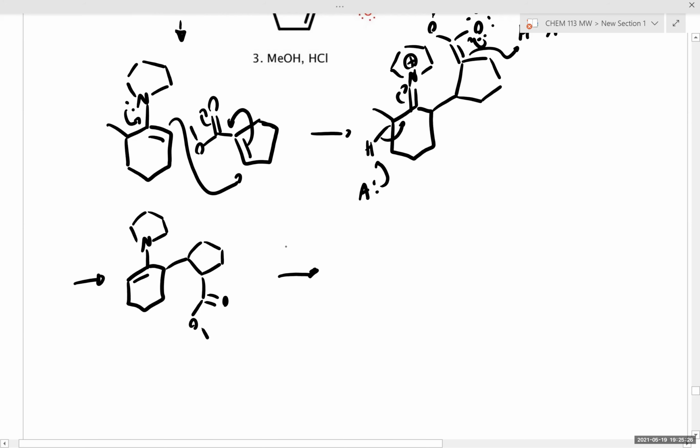So if you treat this compound with hydrochloric acid, methanol, and water, what will we expect to see? Would anyone like to try and draw a mechanism for this last step to unmask our desired ketone functionality?